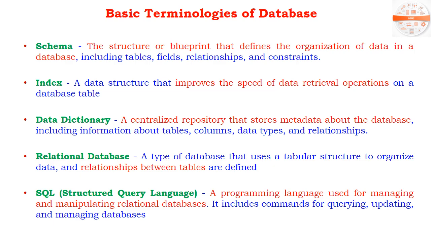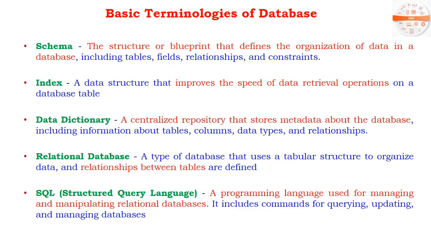Data dictionary. It is a centralized repository that stores metadata about the database. What is the metadata information? Tables, columns, data types, and the relationships. And the next one is the relational database, a type of database that uses a table structure to organize the data.